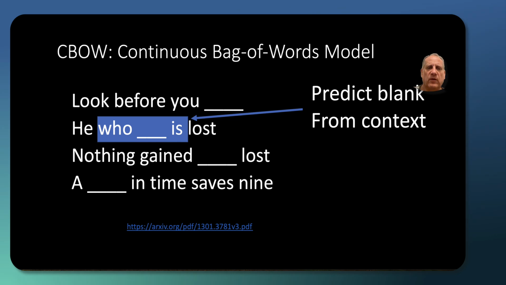Well, remember we had this look before you leap. So we know that the structure of words is such that the missing word that we want to fill in is somewhat determined by the words around it. So why don't we build a neural network whose job is to fill in the missing word?